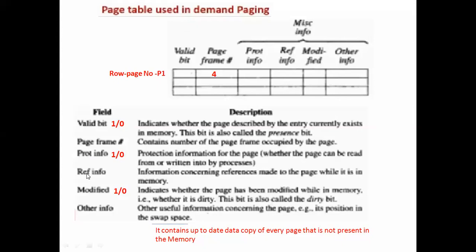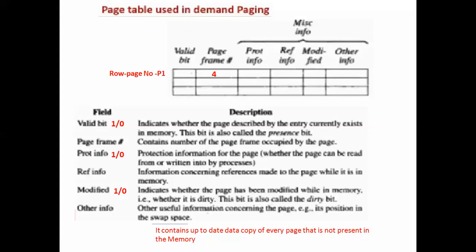The next field is the reference information. This is information concerning the references made to the page while it is present in the physical memory. The reference bit is set when you refer to any page, either by a read operation or by a write operation.